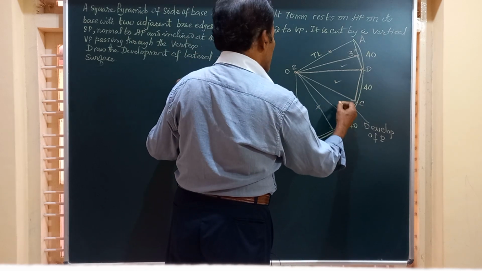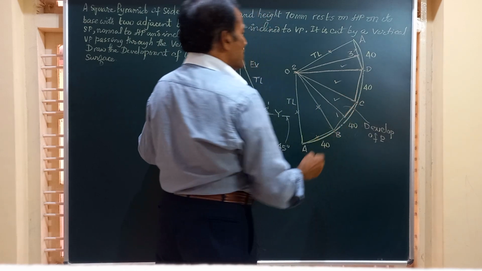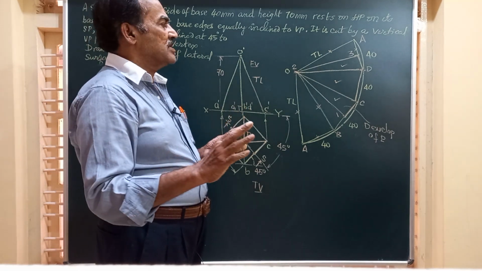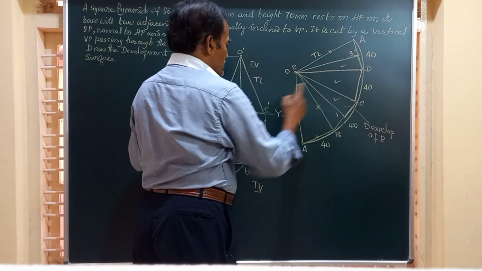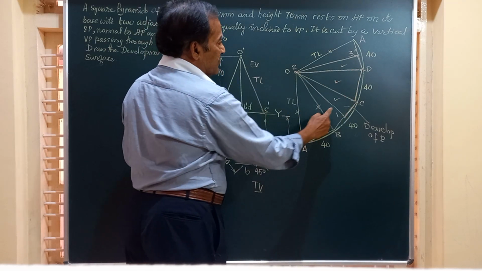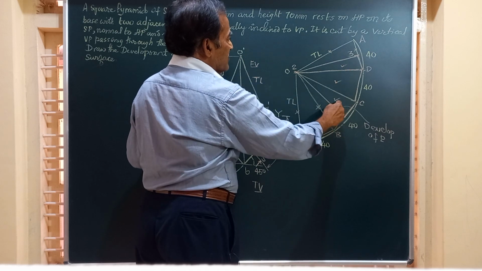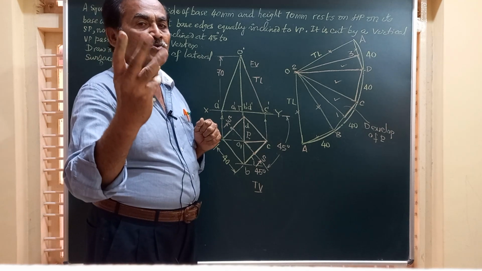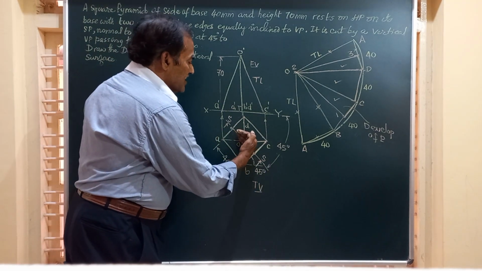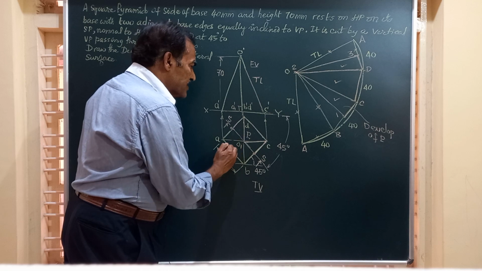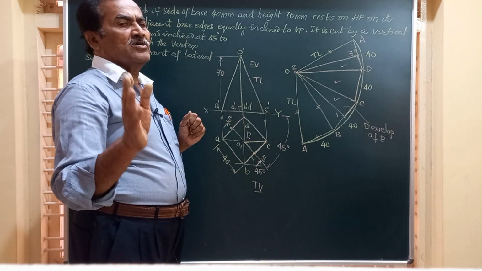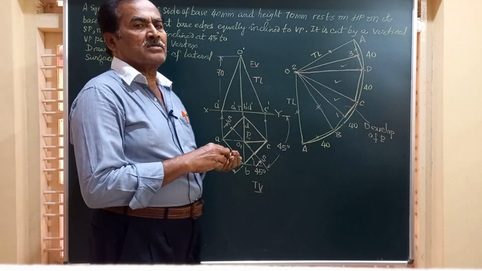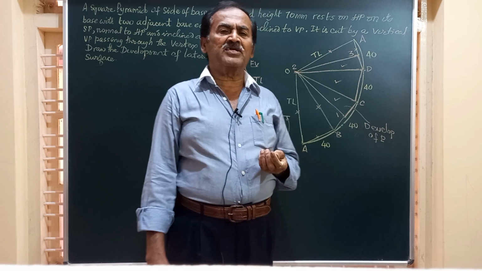So you are going to have this triangle also. Friends, you can observe here, in the development, finally, there are going to be one full triangle OCD, half triangle for this, another half triangle here. So totally in the development, you will have all put together 2 triangles because this is totally removed. If you want to draw the development of this, you are going to get once again 2 triangles in the development.